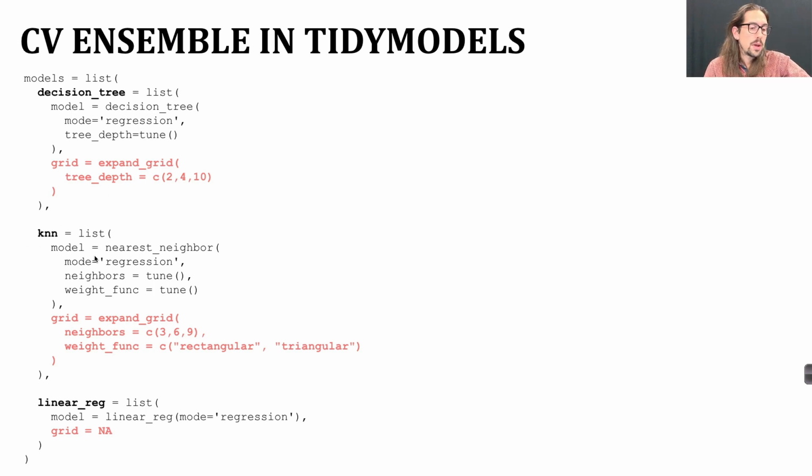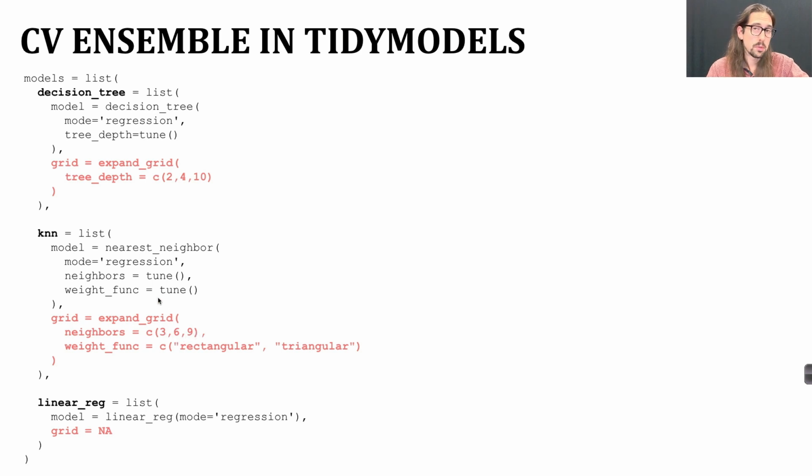Then I'm going to use this other method, KNN. What's KNN? Doesn't matter. Let's say I look at the help and I see that there are these hyperparameters called neighbors and weight function, weight func. I don't know what they do. I don't care. I'm just going to say tune and tune. And then I'm going to make this grid and try neighbors 3, 6, 9.